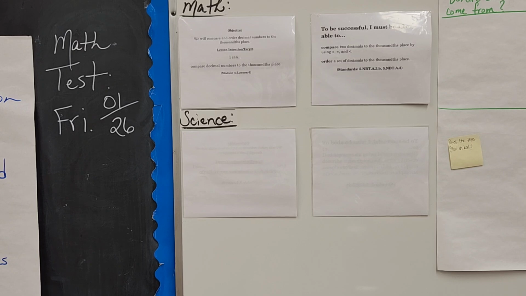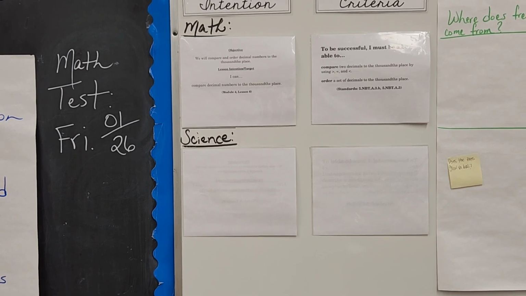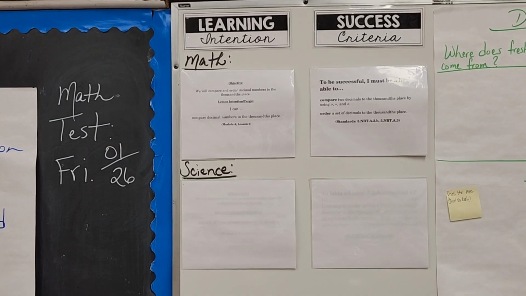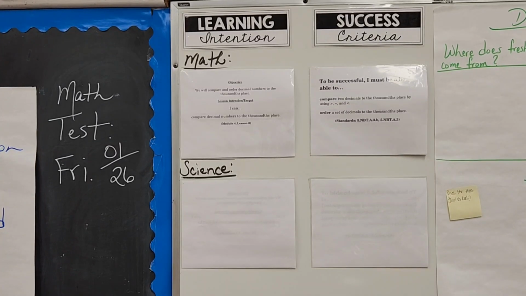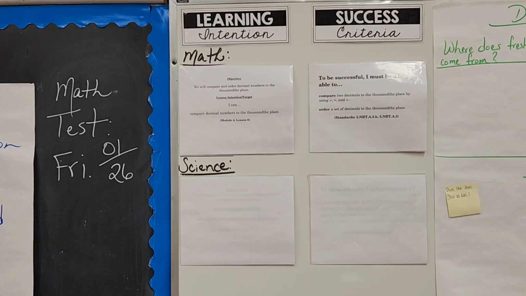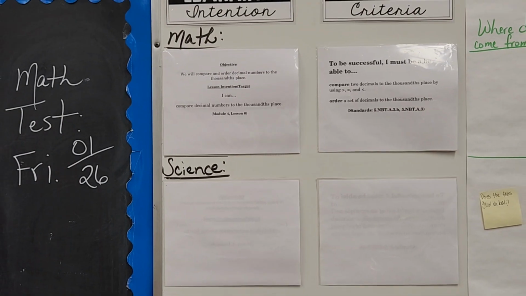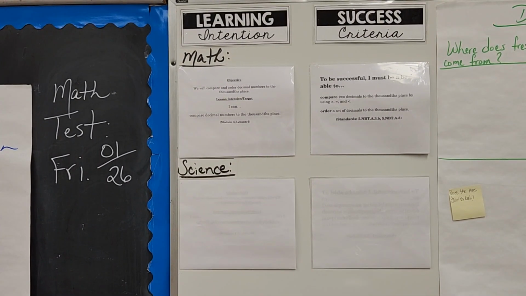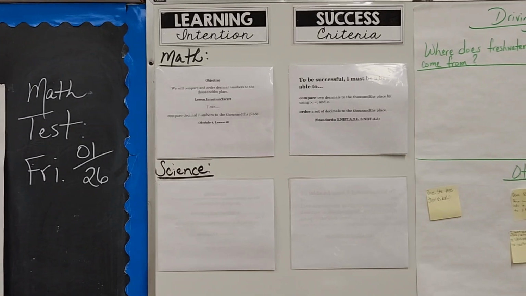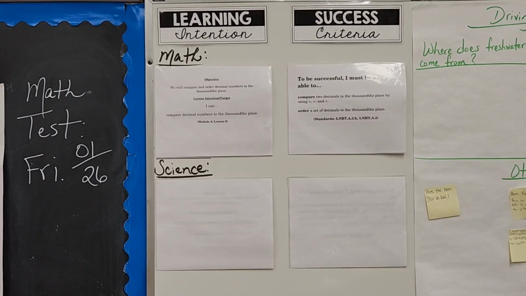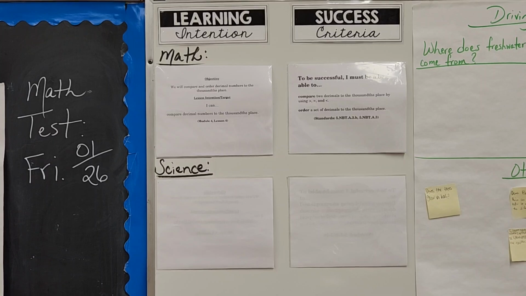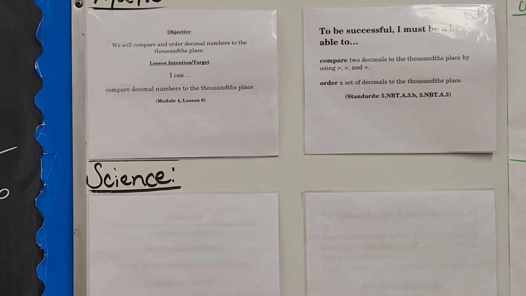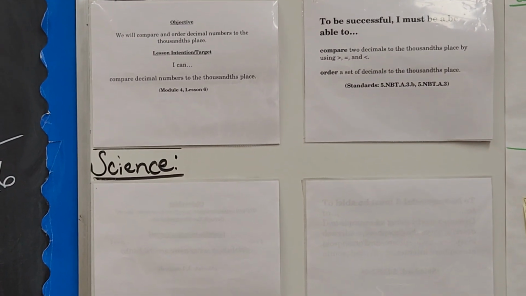Next, I have my learning intention, or sometimes it's called the learning target, and my success criteria. I teach fifth grade math and science, so you can see that I have both on for both.